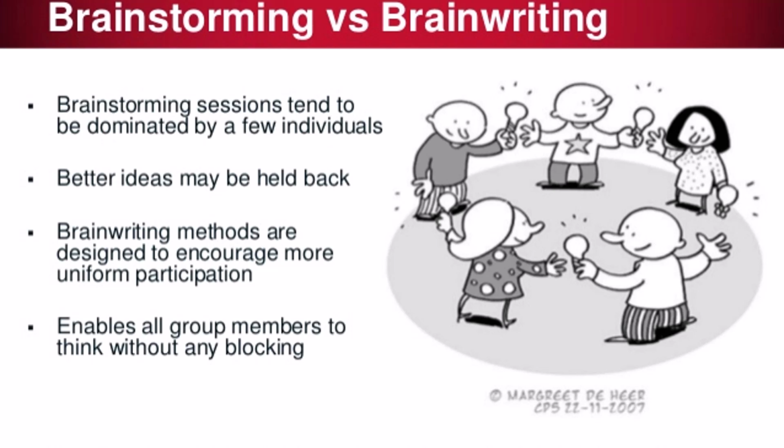But the brainwriting method is useful to encourage more uniform participation. The benefit of brainwriting is that everybody is able to think and write without interference from other people. It's good for introverted people. That is the difference between brainstorming and brainwriting.